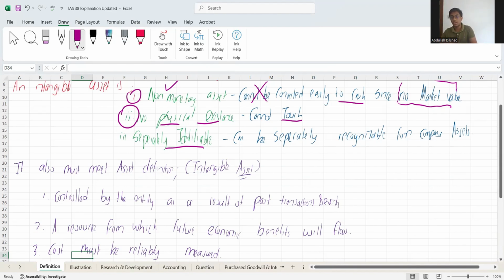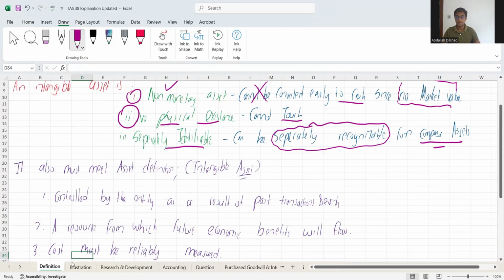So that is why I'm telling you this is separately identifiable. You can separately recognize them. From your total company assets, you can show tangible assets and you can show intangible assets under your non-current asset and current asset part.